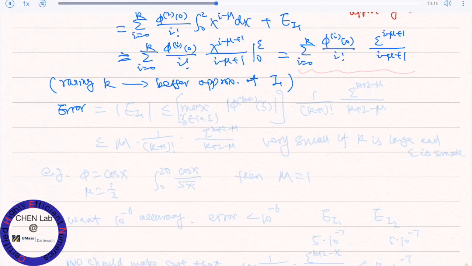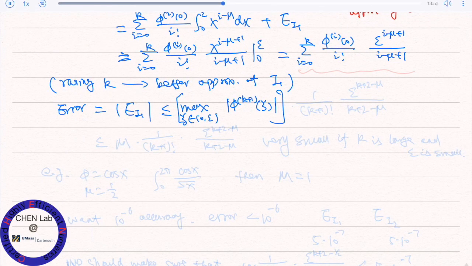What is the error? The error, which is that term E I1 in absolute value, we can bound. It is bounded by the maximum over all the c between 0 and epsilon of the phi to the k plus 1 derivative at c.